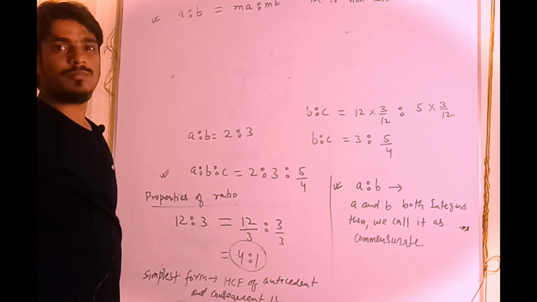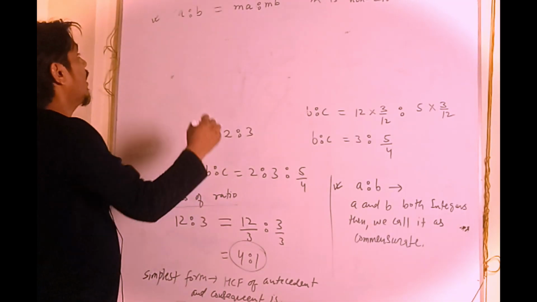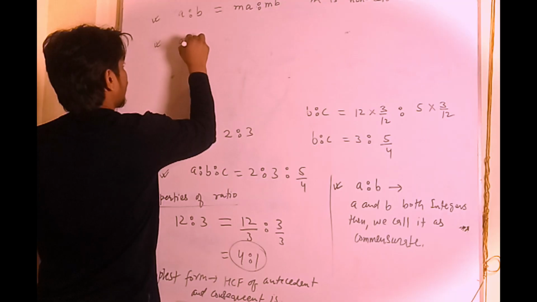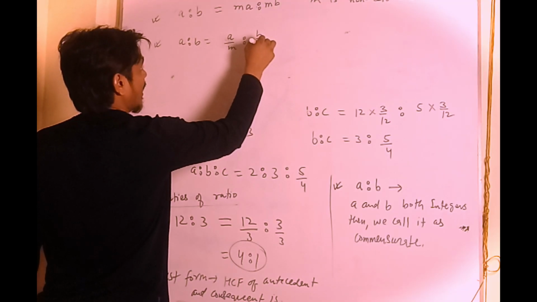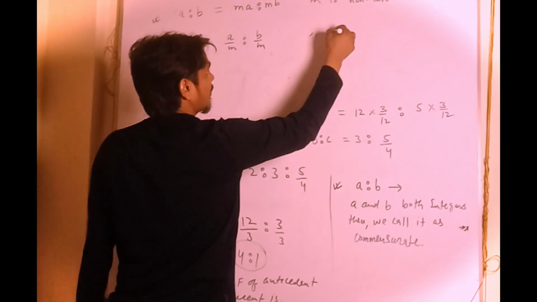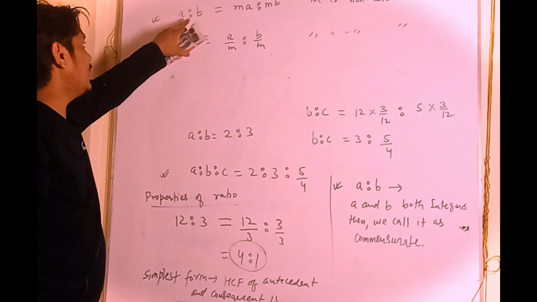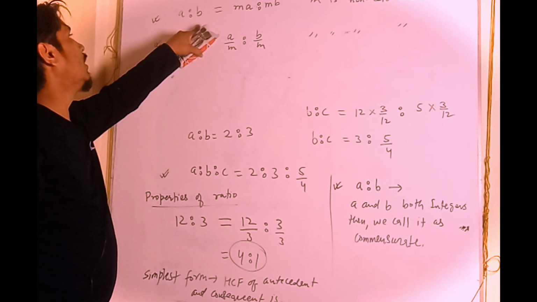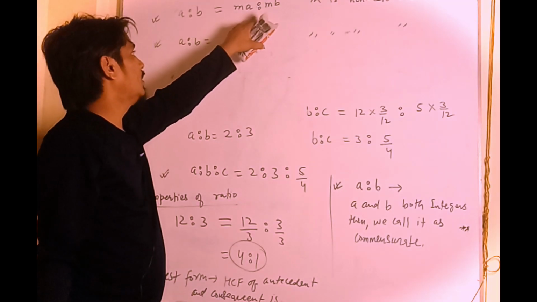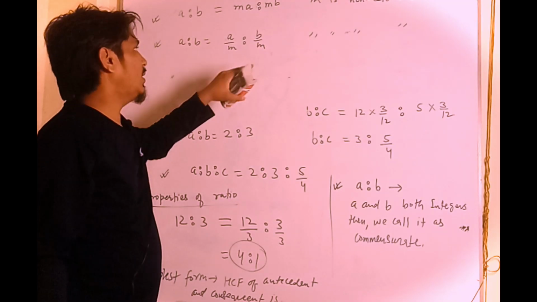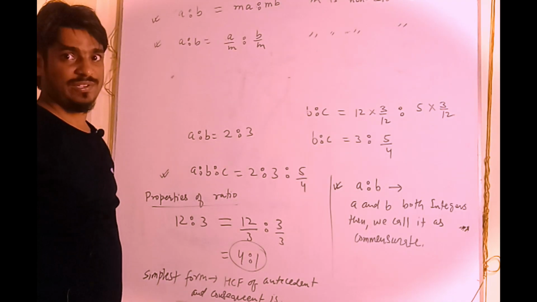Real numbers are rational numbers as well as irrational numbers. We can also write A ratio B as A over M ratio B over M. The same thing over here, M is a non-zero real number. So as we are writing the ratios in their corresponding equivalent form by multiplying by a non-zero number and dividing by a non-zero number, these two are the equivalent forms of A ratio B.